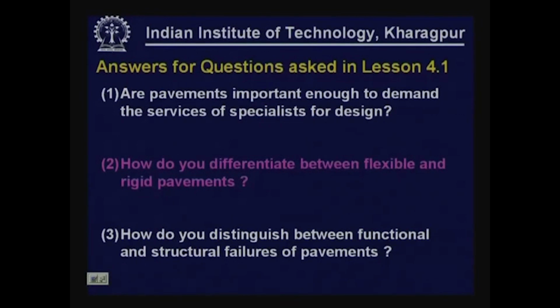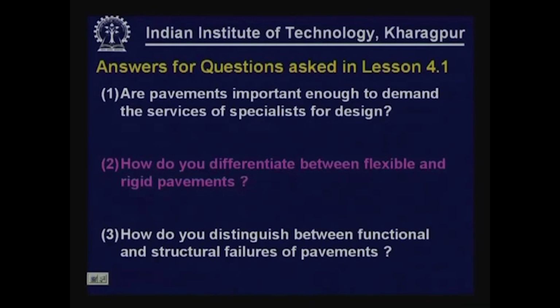In the case of rigid pavement, the concrete is going to be much stiffer than the foundation, and as a result the contribution of the foundation in rigid pavement is not going to be very significant.